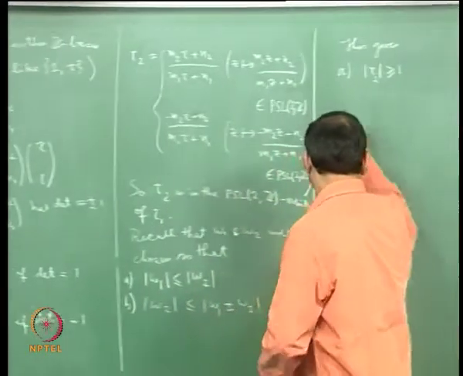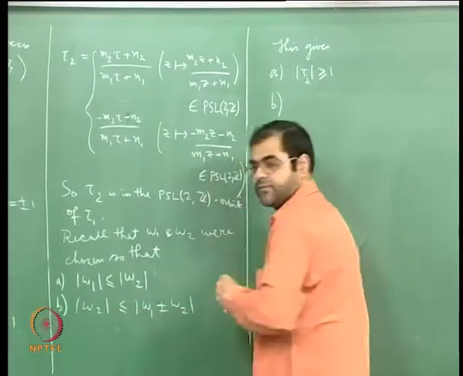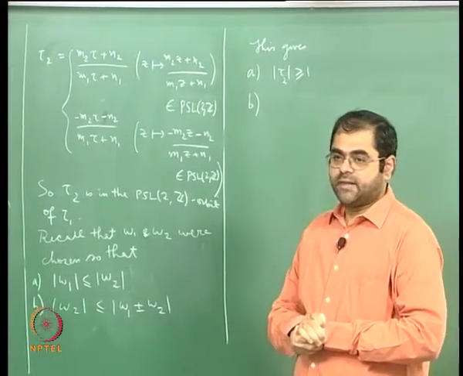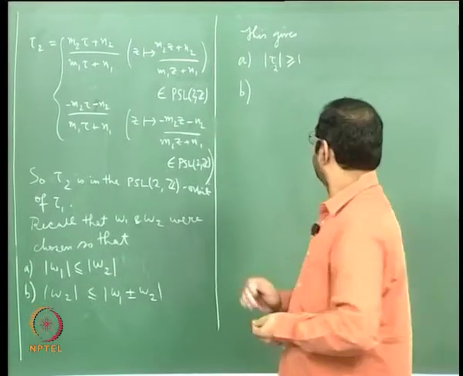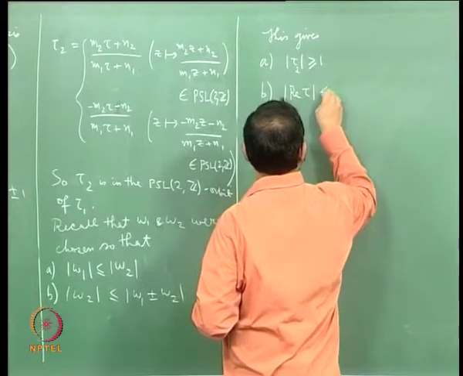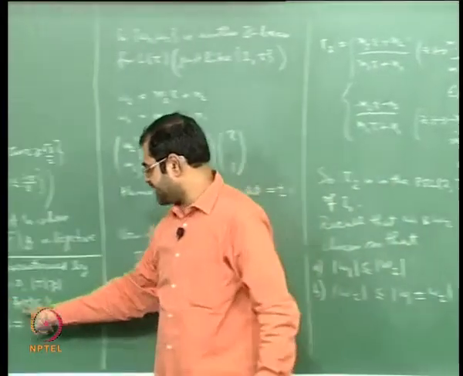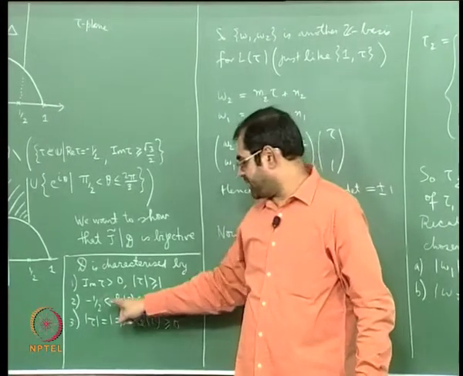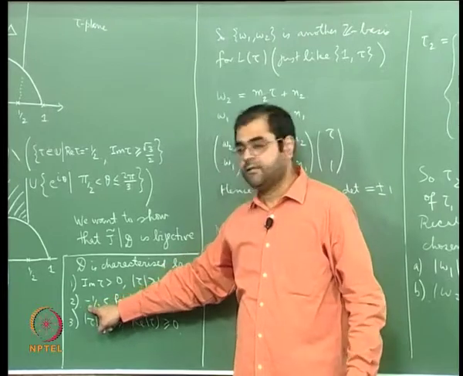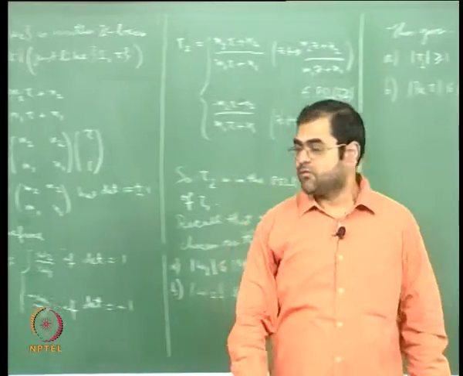Then B: these two conditions are equivalent to the modulus of the real part of tau being less than or equal to half, which is essentially this condition, except that I need to do something to throw away the case when the real part of tau is equal to minus half.